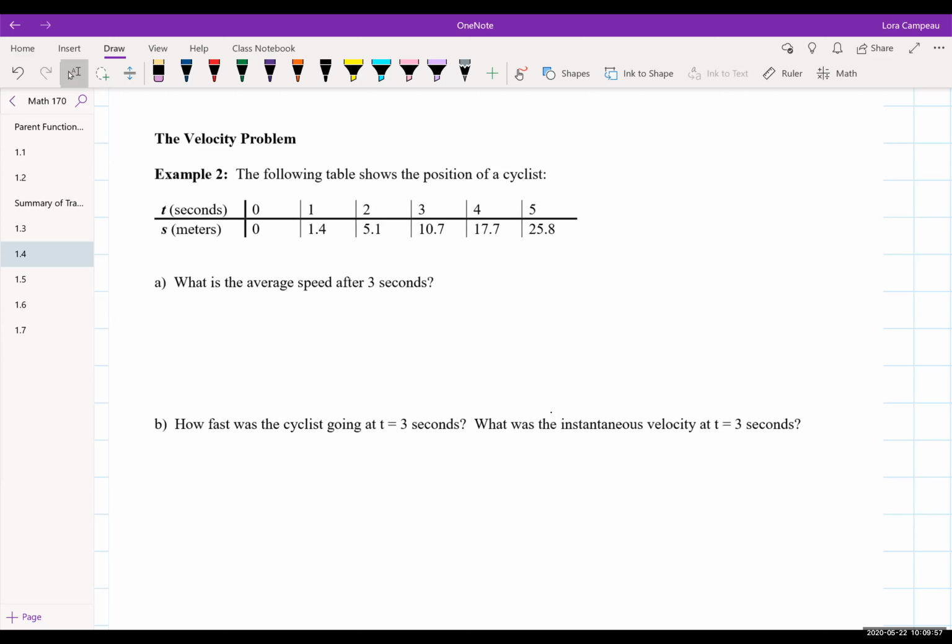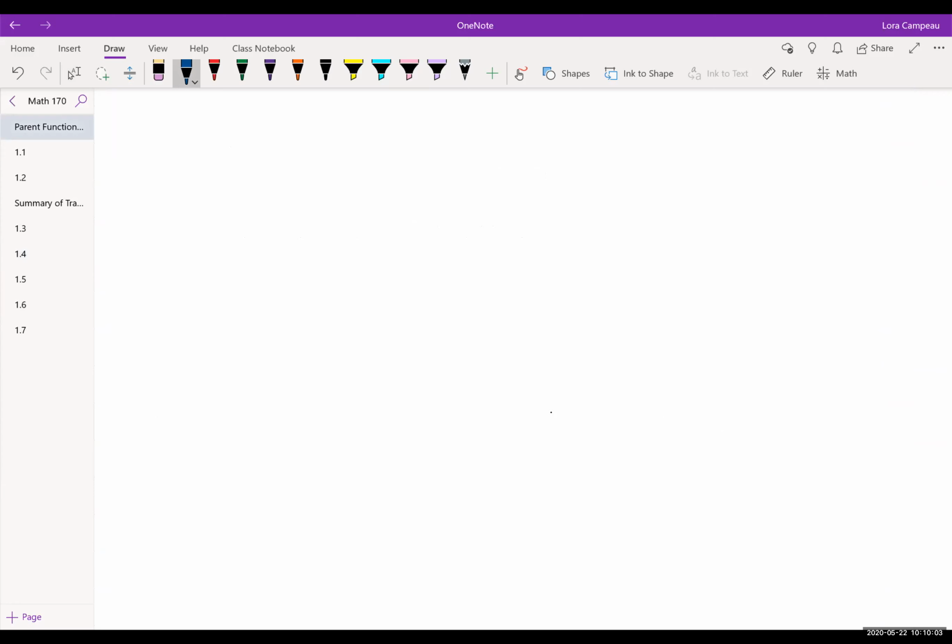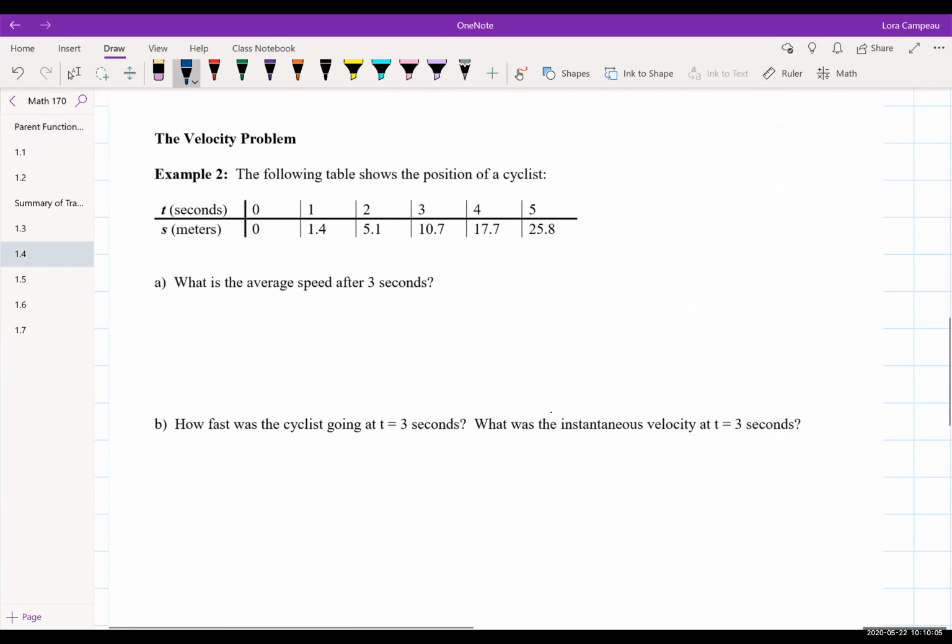So if we're looking for the average speed after 3 seconds, I'll have you recall in algebra, if we were going to calculate the average speed, we would have rate times time equals distance. So if we solve for rate, average speed, we get r equals distance divided by time.